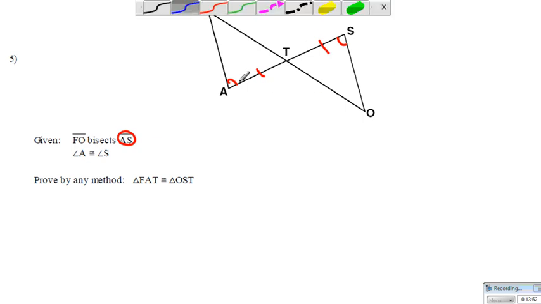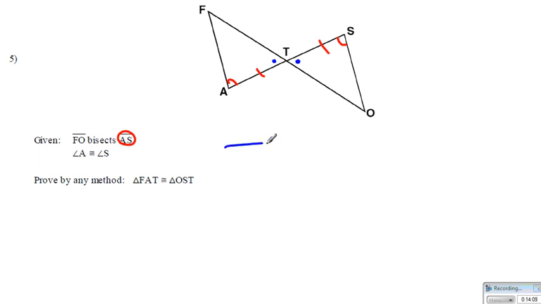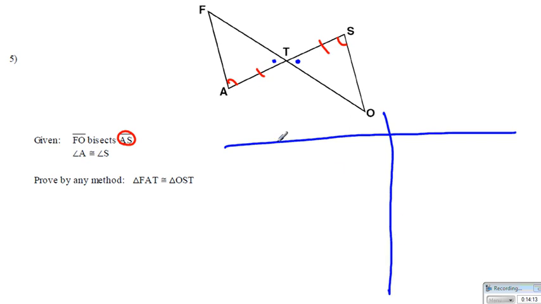Since what they are looking for is the left side triangle is congruent to the right side triangle, we get to realize that there is one blue dotted line. Those are the vertical angles and happen to be equal to each other. So therefore, let's write this one up. Statement and then reasons.